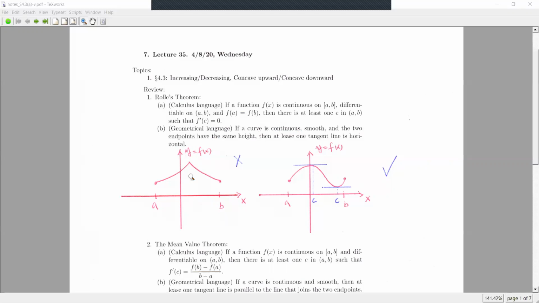No guarantee there is a horizontal tangent line. About this curve, it is continuous and smooth, and also the two endpoints have the same height. So at least one tangent line is horizontal.